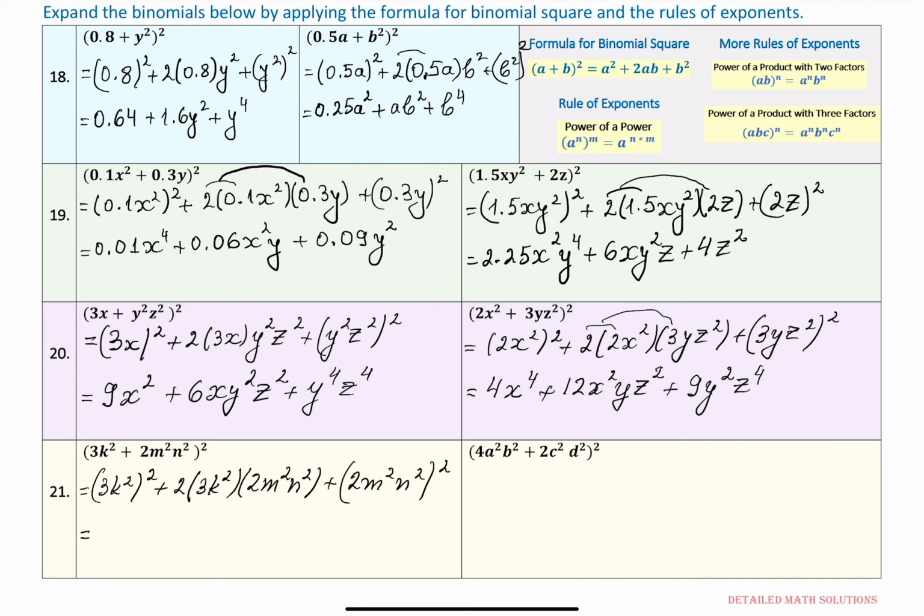We have 3 squared or 9, (k²)², k to the fourth power, plus 2 times 3, 6 times 2, 12, k²m²n², plus 2 squared 4, (m²)², m to the 4th power, n to the 4th power.